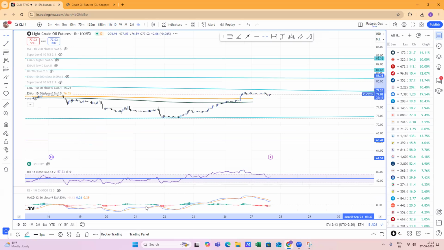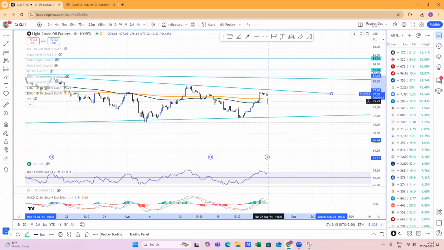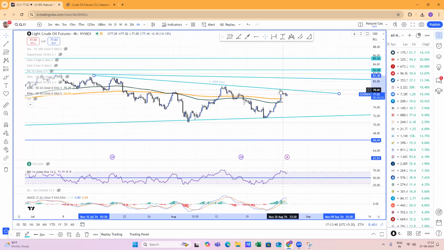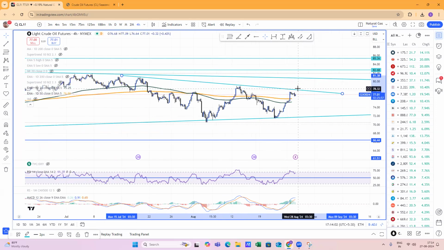If I go there, what we will find is that this is where 76 is coming again, the 50 exponential moving average. So we have to try to buy if we get a dip towards 76. And if it breaks above 78, we can expect a strong rally towards 79 or even 80. Overall, a range bound activity.